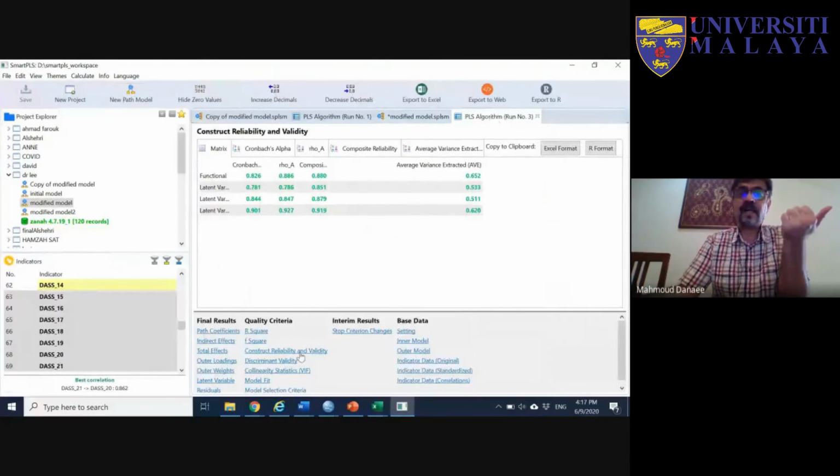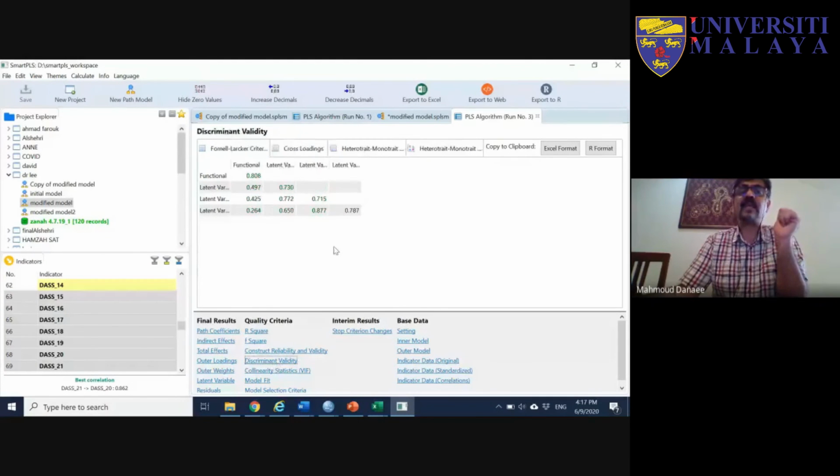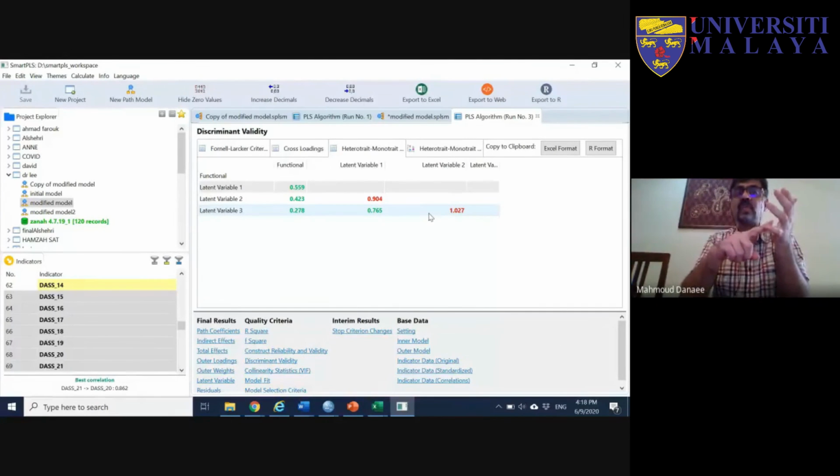So if I go back and check the discriminant validity under HTMT, look at here. Latent variable 1 and latent variable 2 are highly correlated. Latent variable 2 with 3 also is highly correlated. They are not discriminant. So what's the point?